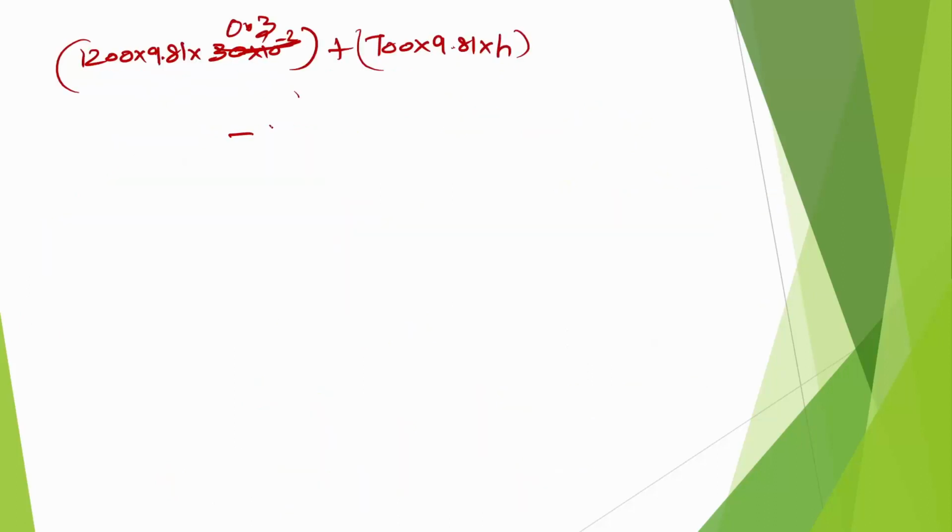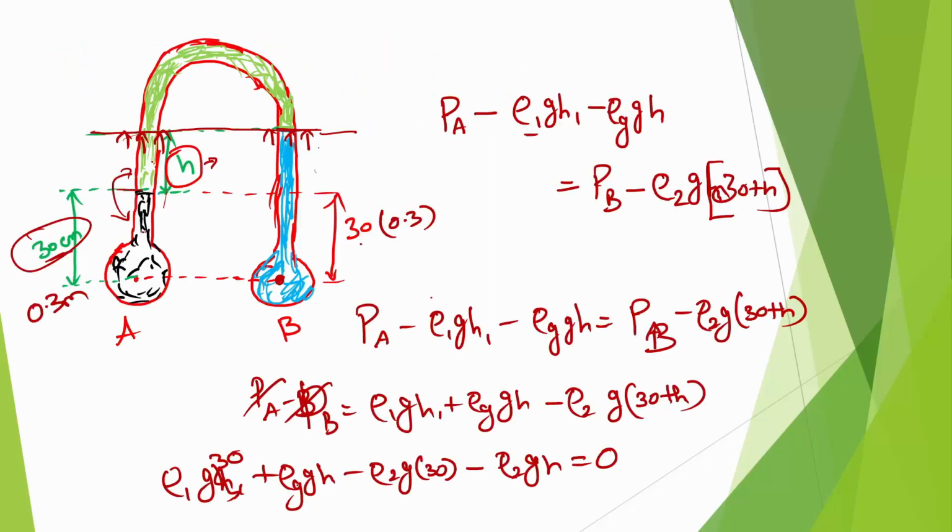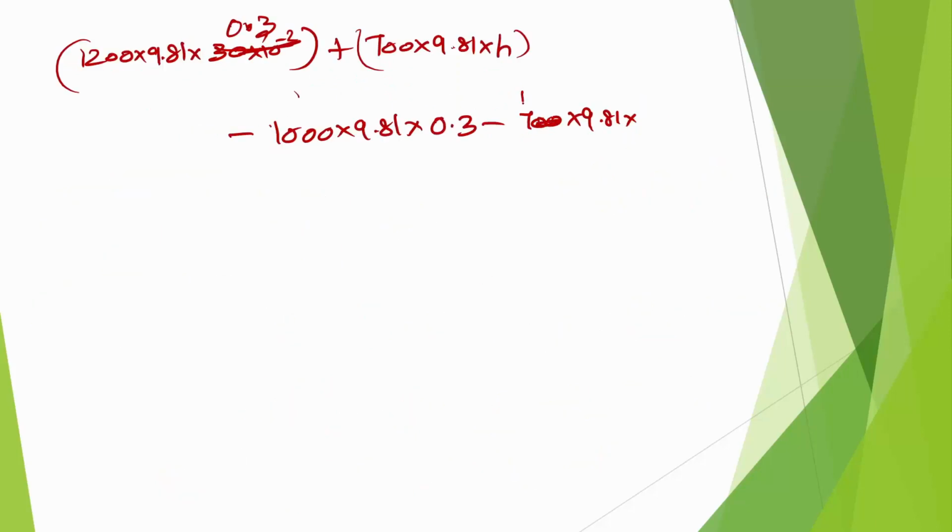Minus rho 2. My rho 2 is 1000 into 9.81, that is my gravity, into again 0.3, minus rho 2, which is 1000 into 9.81 into h, which I don't know, which is equal to 0.